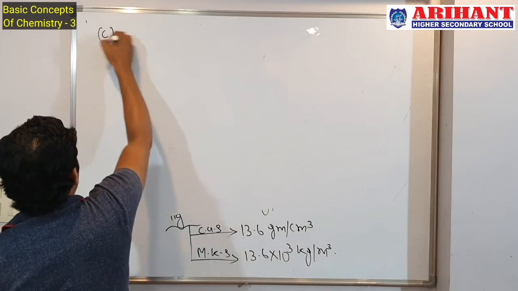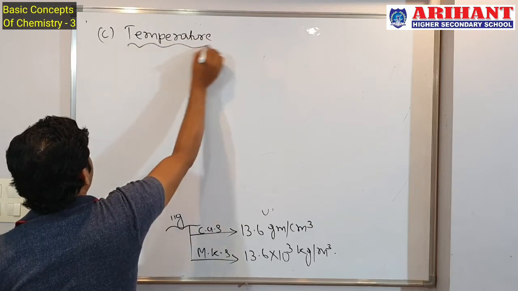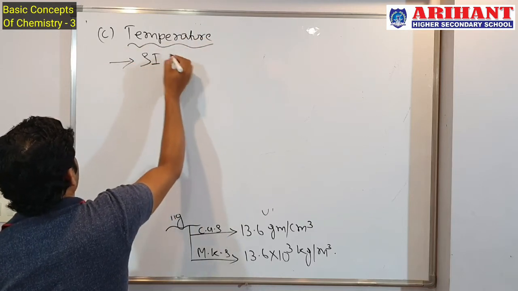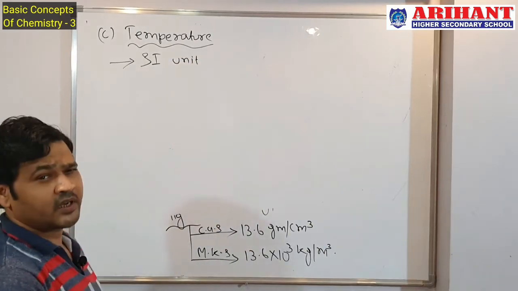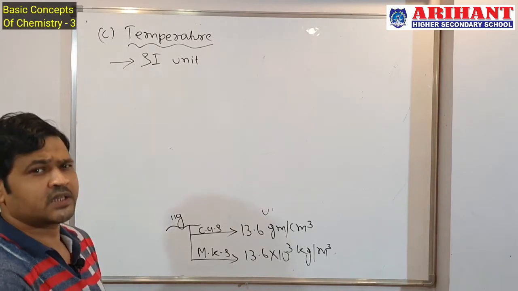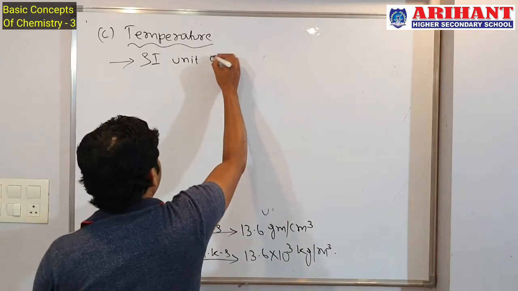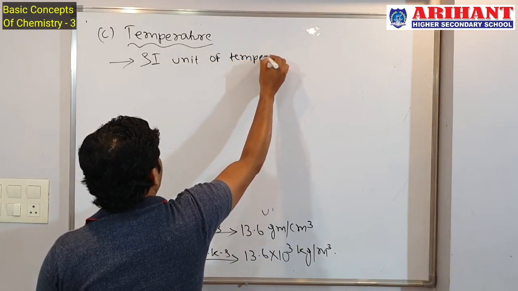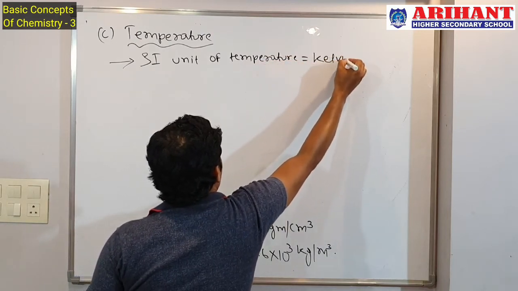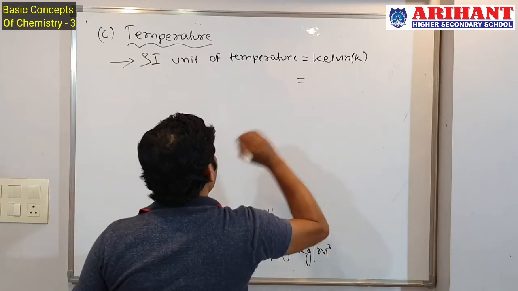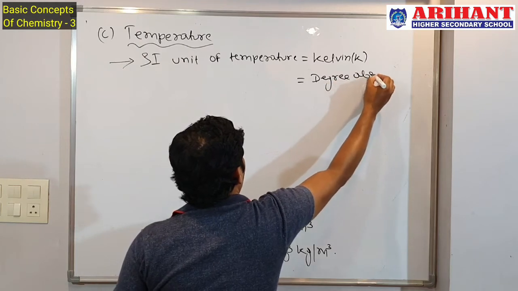C. Temperature. SI unit means International System Unit, and International System is the largest unit system used in science. SI unit of temperature is equal to Kelvin, K, or degree absolute.